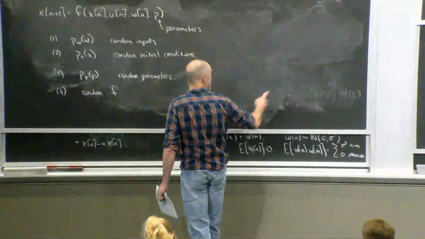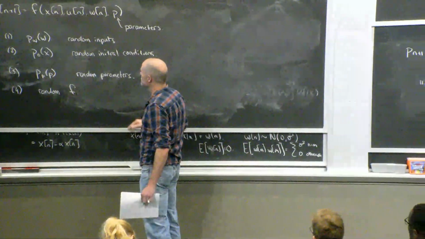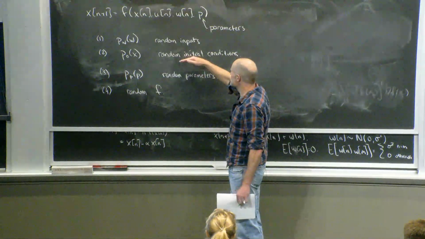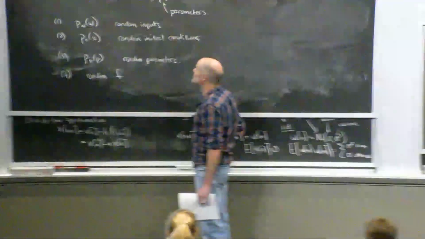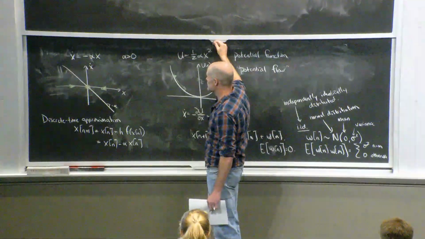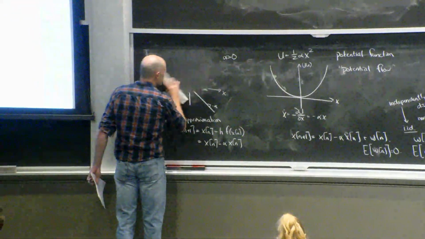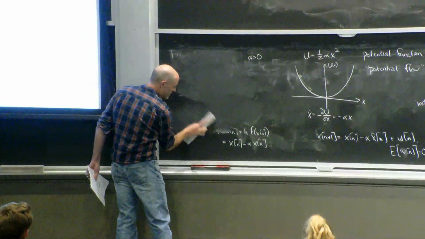So that example of the cubic polynomial was a way to play with random inputs. Let me show you how random initial conditions can already, just by themselves, do some cool things. There's this classic, beautiful example from chaos theory.